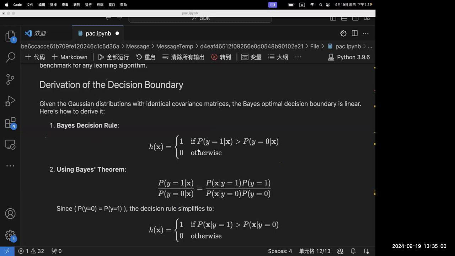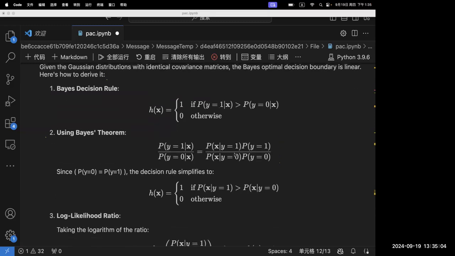And we can also express this by using the marginal probabilities of x. Why do we want to use the marginal probability of x? Because we know that x is generated by a very specific distribution, which is Gaussian.